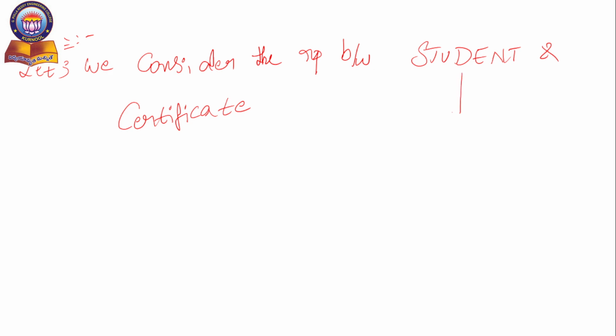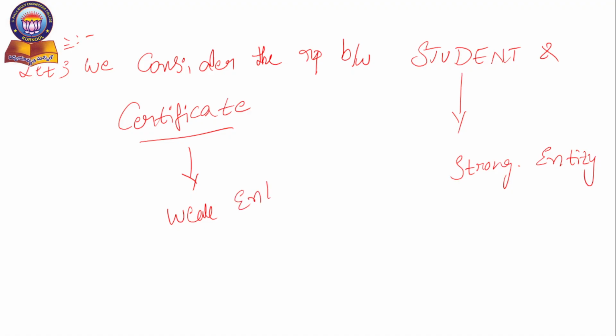Here student is the strong entity, and certificate is the weak entity. In this example, we consider student as a strong entity and certificate as a weak entity.